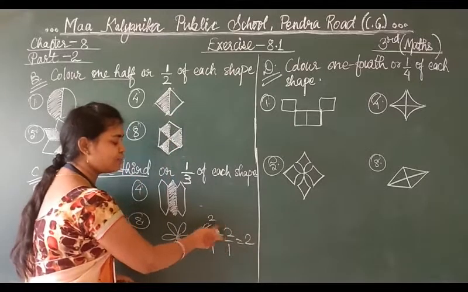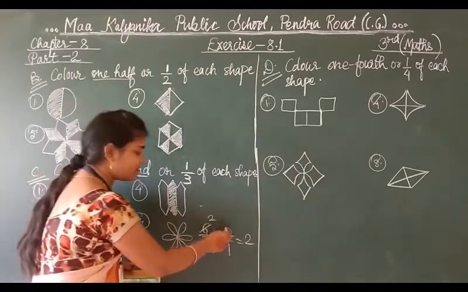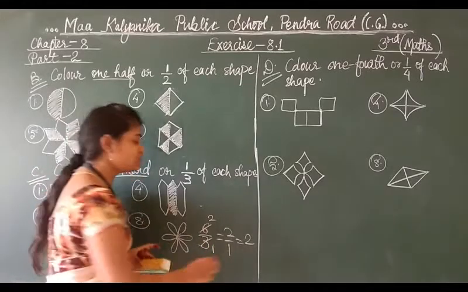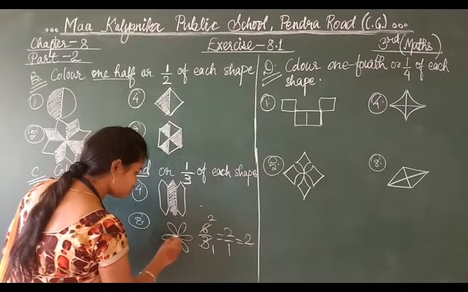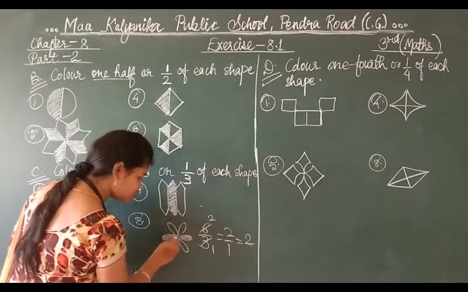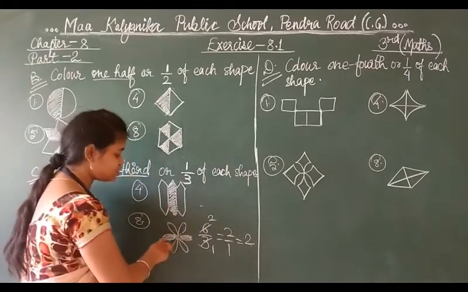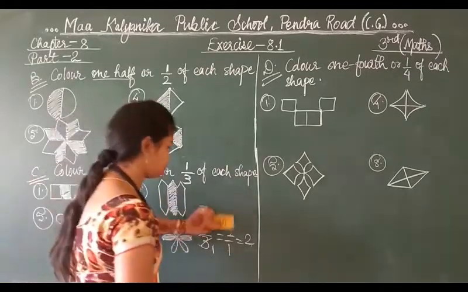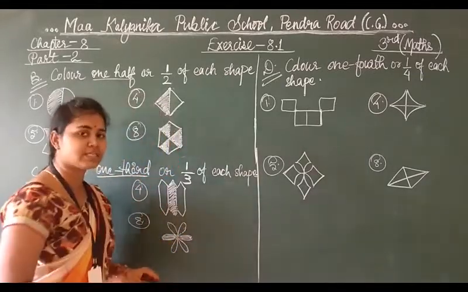If 1 is in the numerator, you cannot write 1 by 2 as 2. 2 by 1 you can write as 2. So we have to color only 2. I am coloring this one and this one. So 1, 2, 3, 4 are left and 1 and 2 are colored. This means 2 parts out of 6 parts is the 1/3 of the total 6 parts.